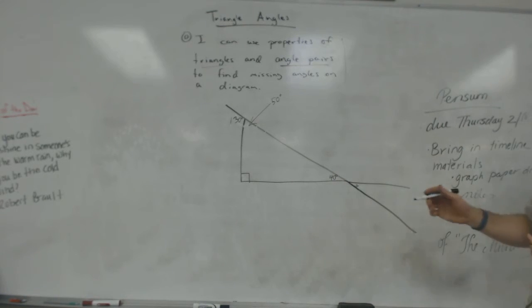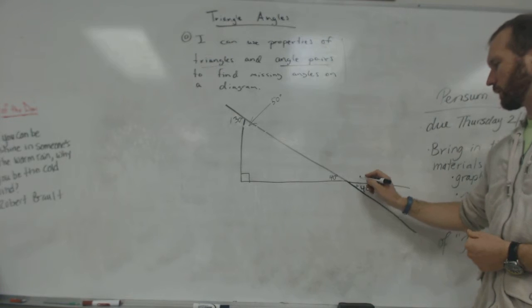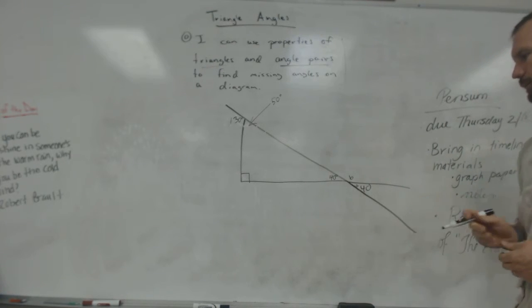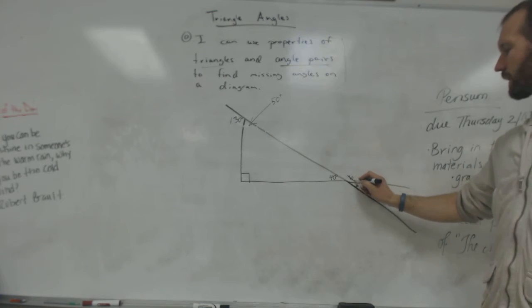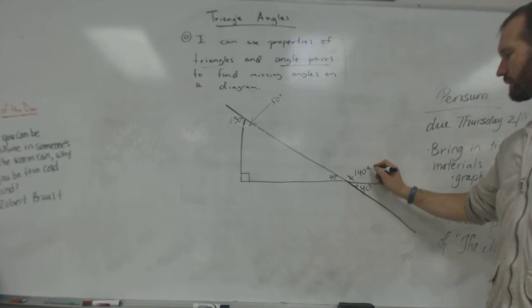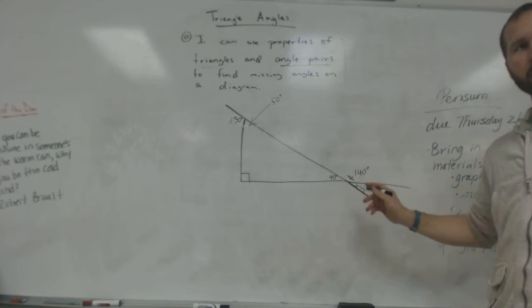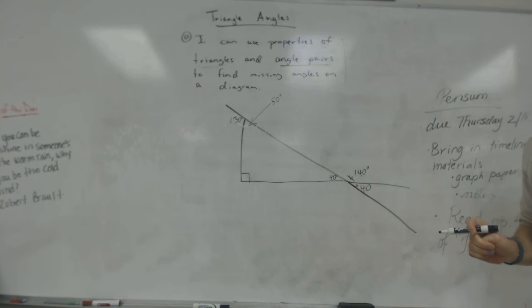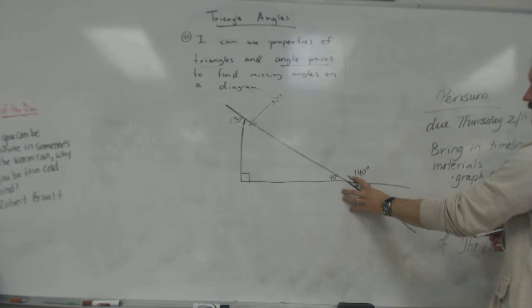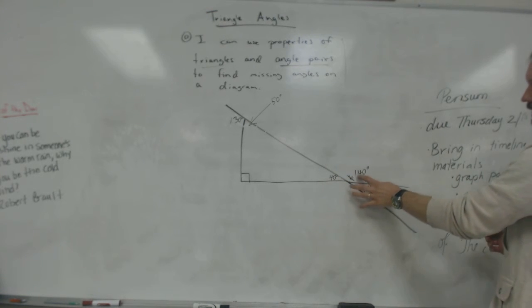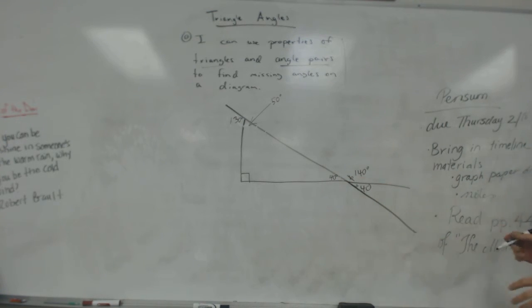And then could you also tell me what this angle is here? 140, because this and this are also a linear pair. B and 40 are a linear pair.